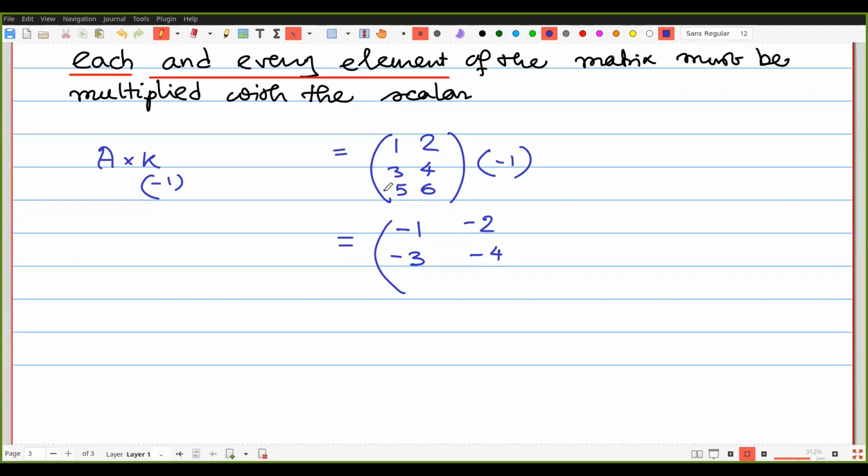Suppose here that one was -5, so that is becoming 5. That one is -6. So that is also called the negative matrix, because whatever the matrix elements were, we are practically writing like that.